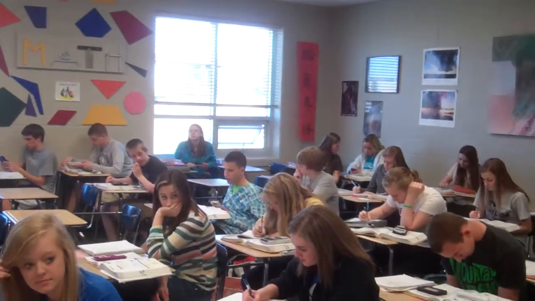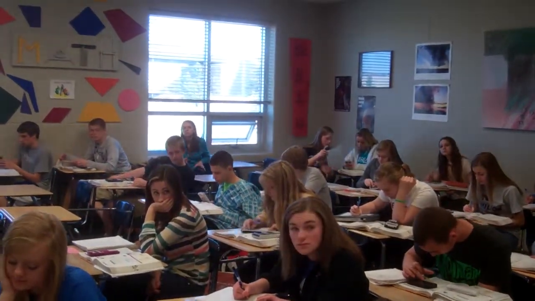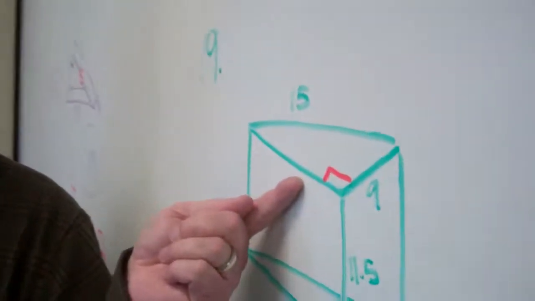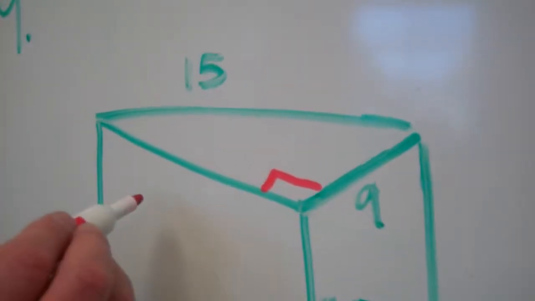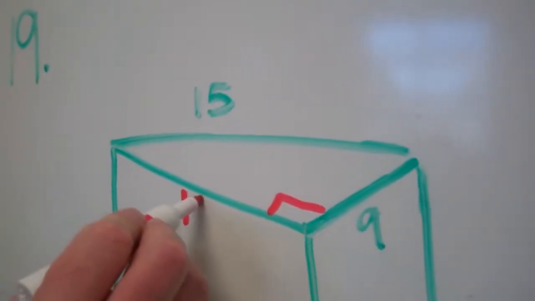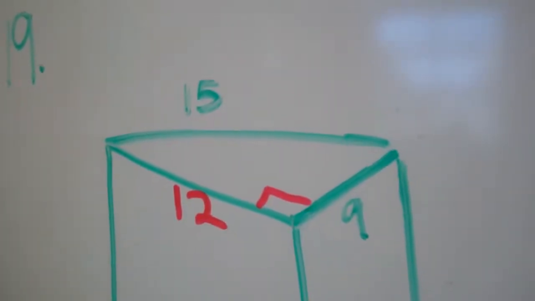There's a right angle right there. Now I'm going to have specialist Vince calculate this missing side that I need. It's 12. It's 12. All right.